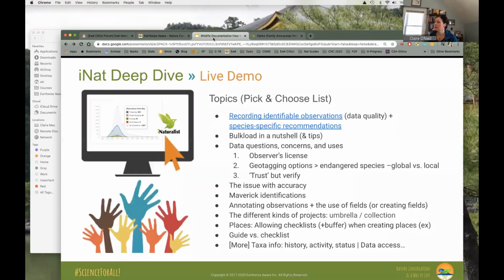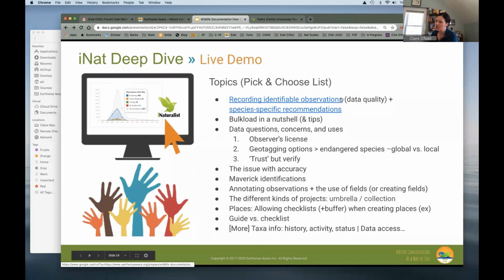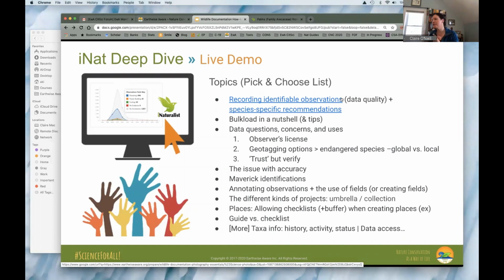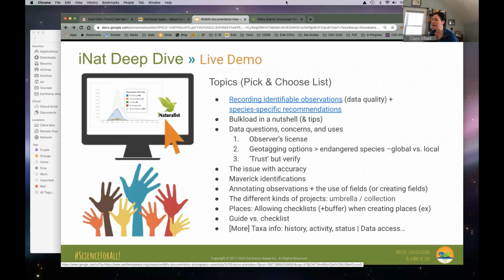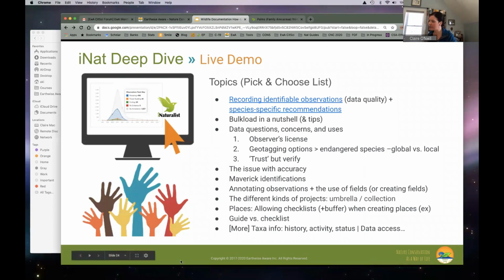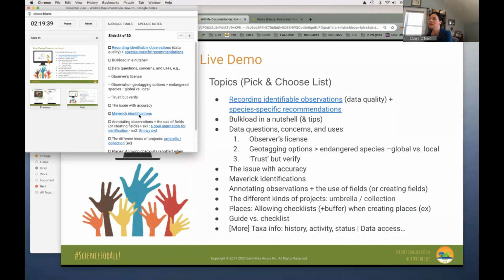All right, so maverick identification. I'm not going to go into the details, but they have a way of identifying when there is a kind of almost consensus that one is really out. So this is a maverick identification. They have actually a nice explanation of that, which I like a lot.